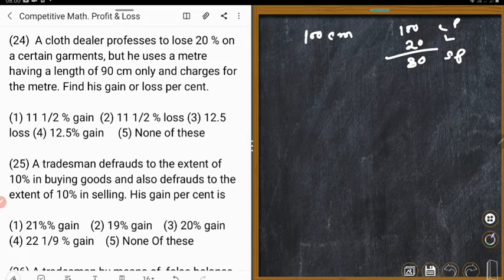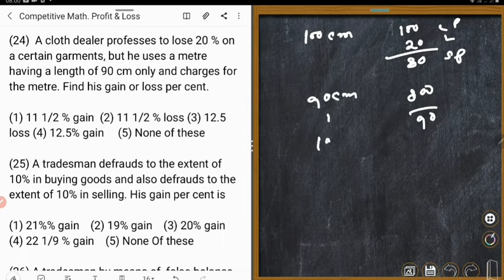Could you understand? So 90 cm, actually instead of 100 cm he gives 90 cm. So 90 cm is given for 80. 1 cm by 90.